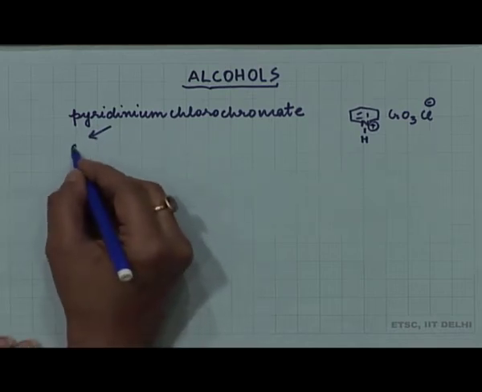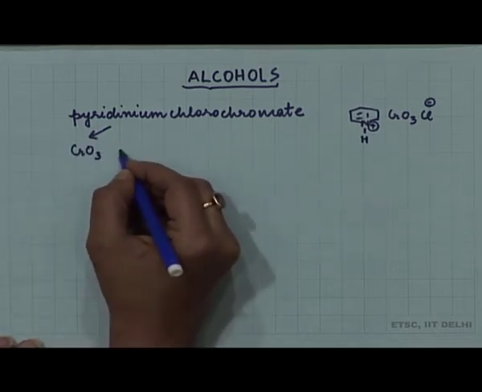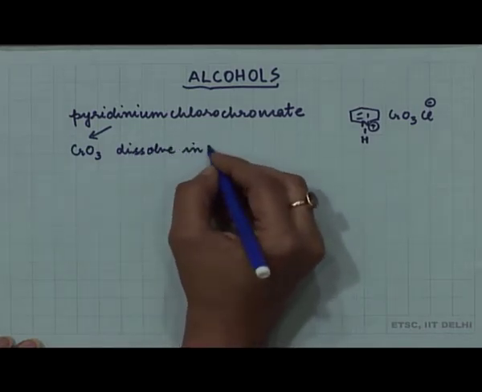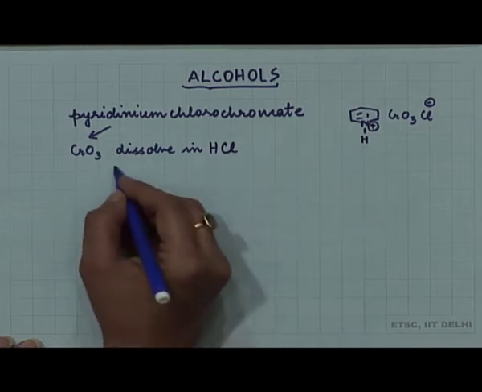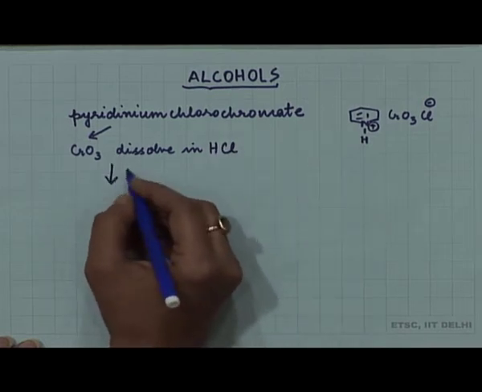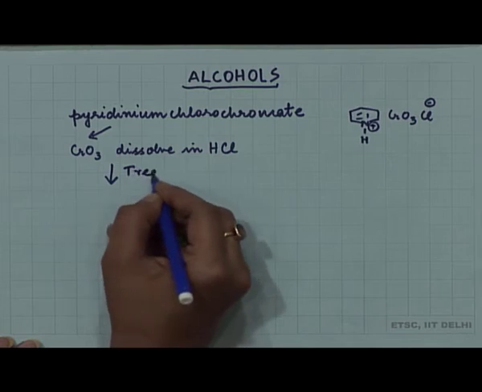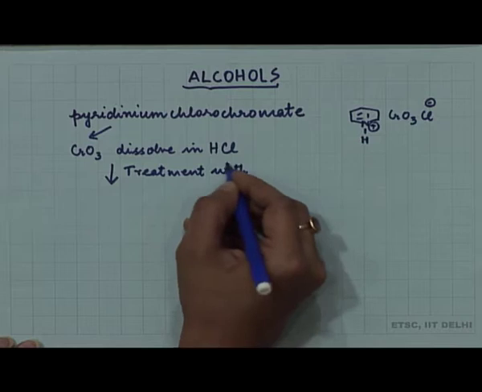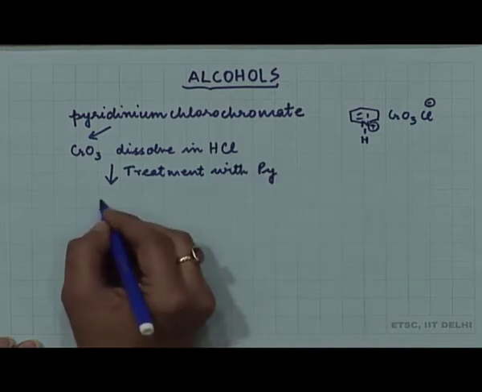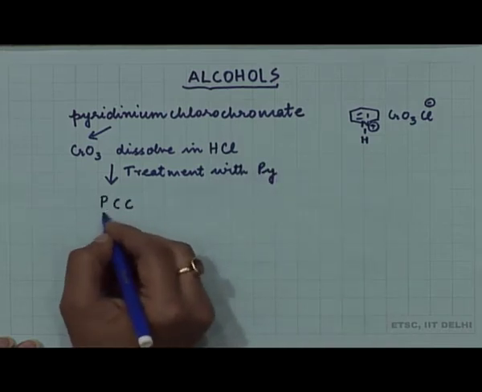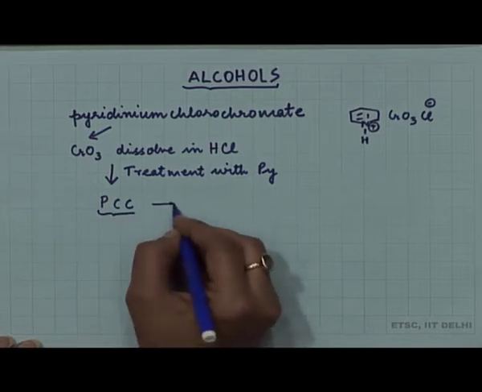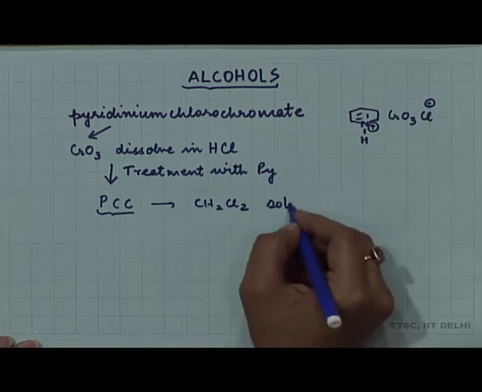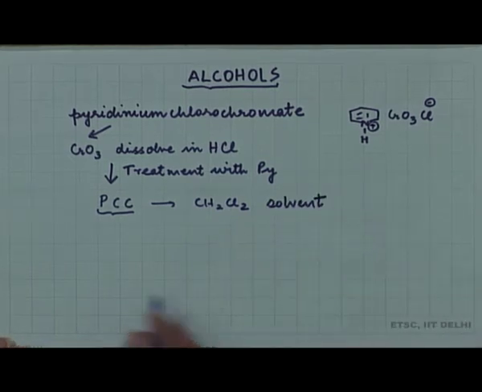For this you take chromium trioxide and you dissolve it in HCl, and this is followed by treatment with pyridine. Subsequently you get your compound, which is the pyridinium chlorochromate. This pyridinium chlorochromate is taken in dichloromethane as the solvent and used for the oxidation of alcohols.